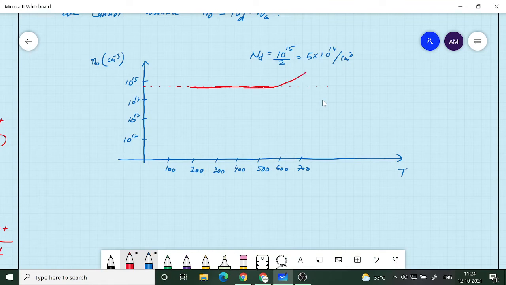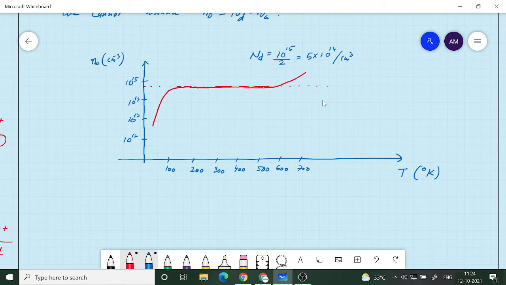That is because Ni is going to become prominent. And when you go to low temperature, at very low temperature, say less than 100 degrees Kelvin, this concentration falls down.